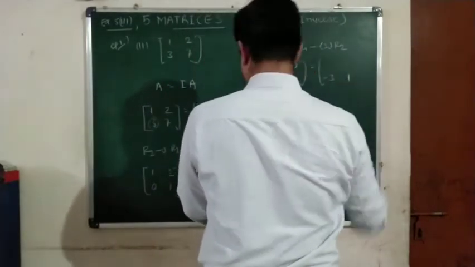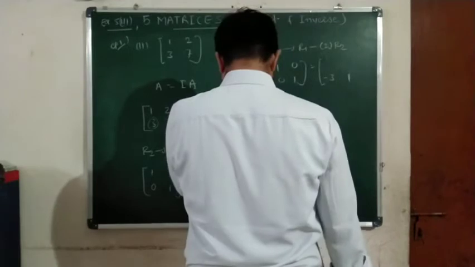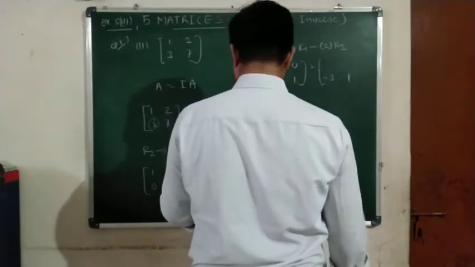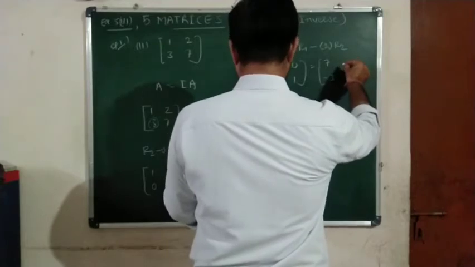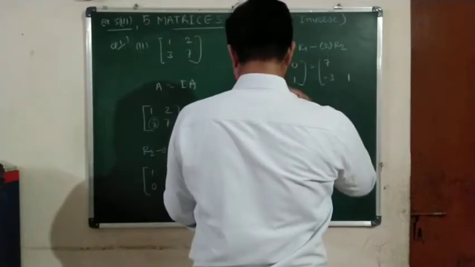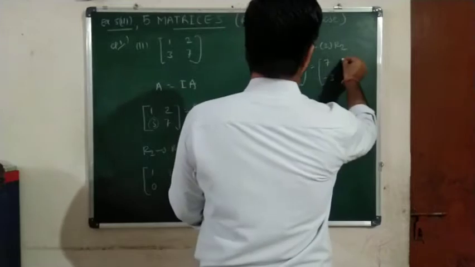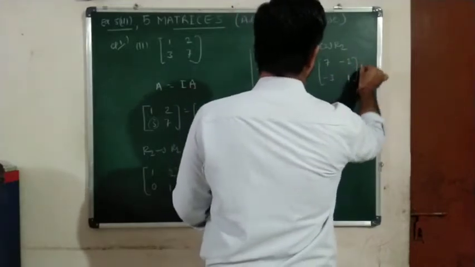On the right side, minus 3, 1, second row as it is, multiplied by 2 gives minus 6, so here we get 7, and 2 1s are 2, 0 minus 2 is minus 2 only.